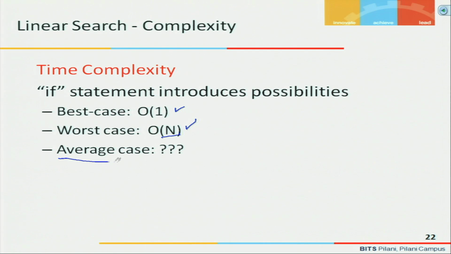Another crucial factor as we go ahead that we will deal with is what is called the average case. As we have seen, the best case and the worst case depend upon the arrangement of the numbers or a particular instance of a problem. One instance led us to the worst case, one instance led us to the best case.